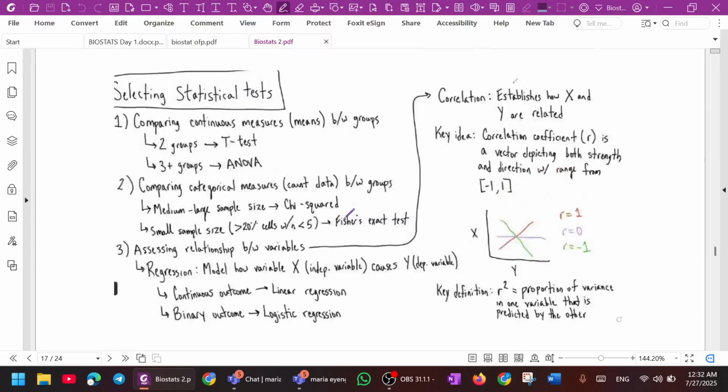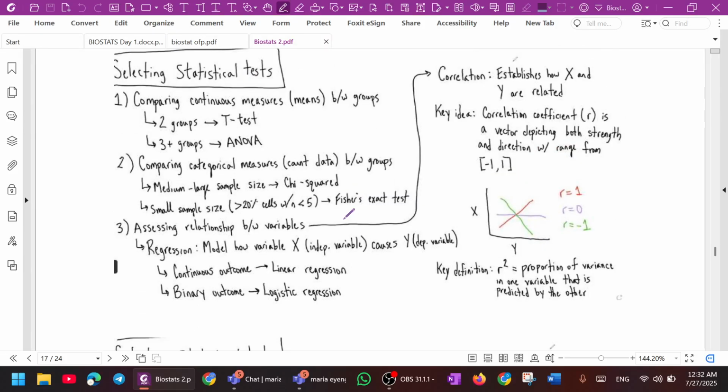There is no comparison between measures like means. There are no means. In here we are not comparing between two categories like smokers and alcoholics. They talked about the average number of drinks, the number.